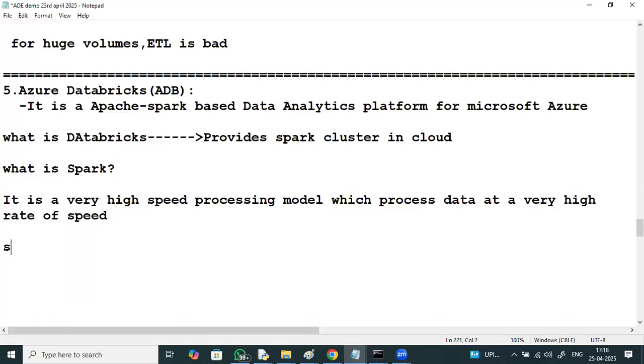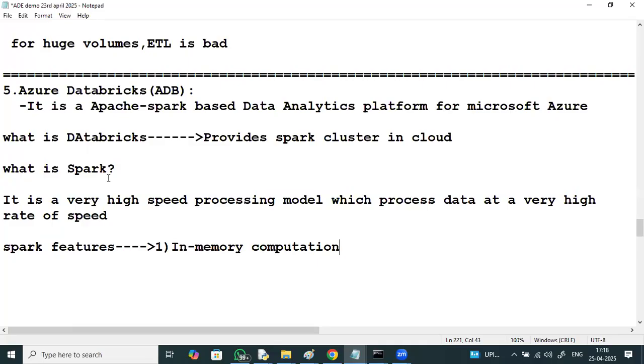Spark features: in-memory computation. In-memory computation means storing and processing both happening at the RAM level, storing at the memory level and processing at the memory level.